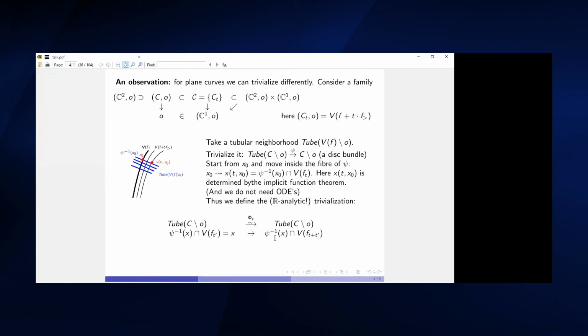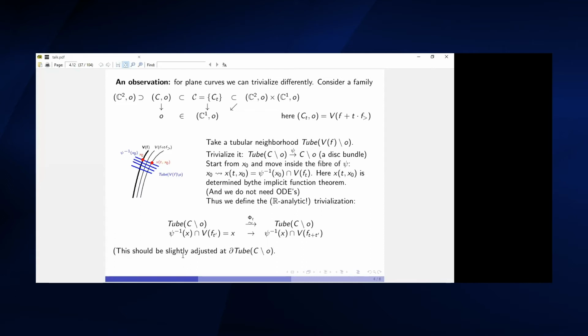And it goes to, again, the same fiber and the shifted member, the member at the time t plus t prime. In this way, we define this homeomorphism, which on the tubular neighborhood is even R-analytic.